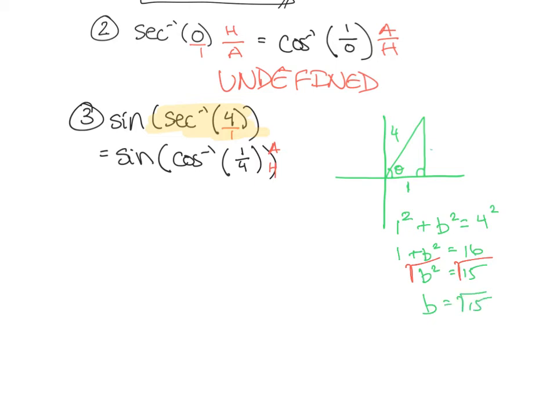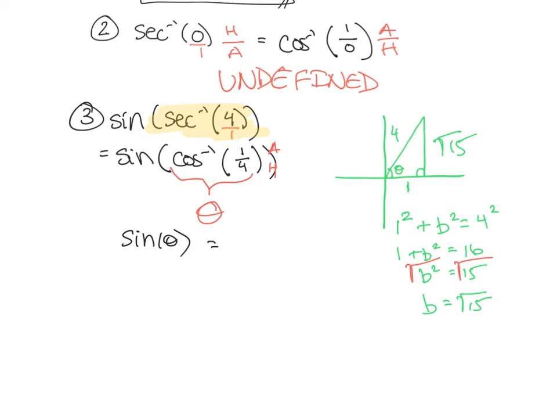Okay, I'm going to erase this b right here and say that that is the square root of 15. So now remember when we're doing this, that cosine inverse of 1/4 is really our theta. So if I was to ask you, what is sine of theta, because these are composition functions?